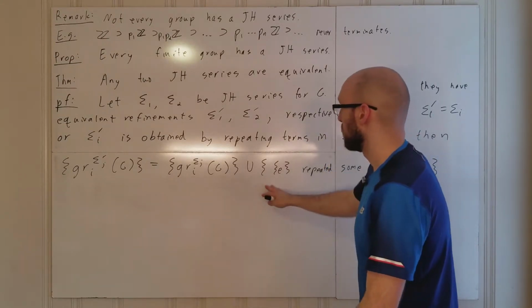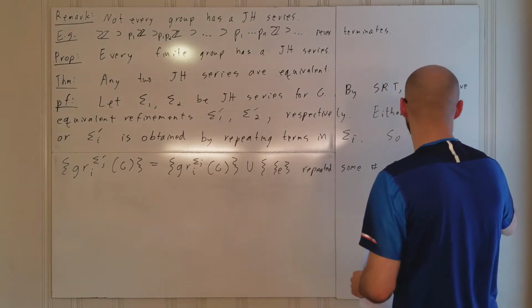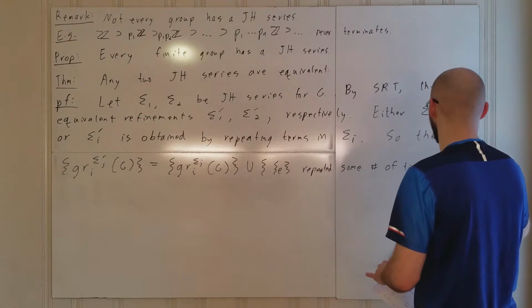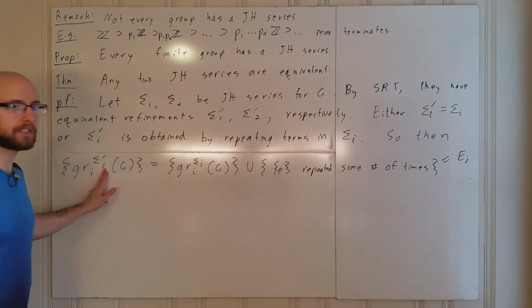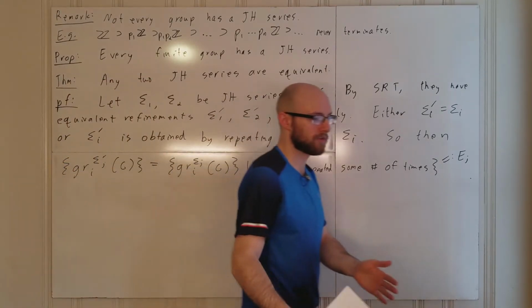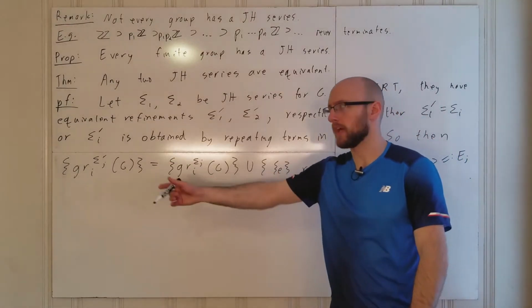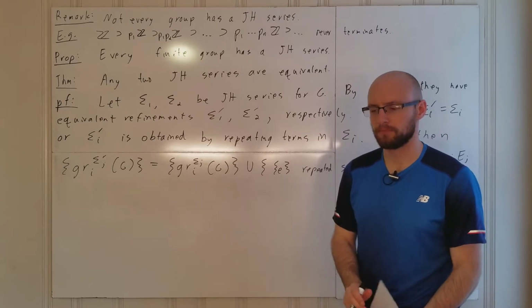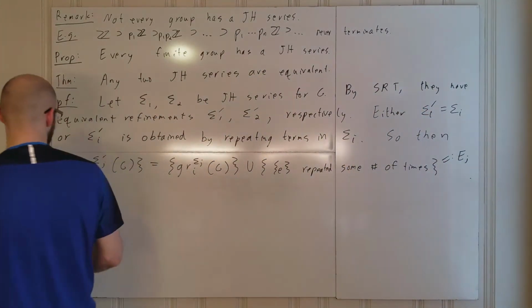And we're going to call this number e_j. So here, j is either 1 or 2, and i ranges from 0 to whatever the last G_i is in this particular composition series. So then, why is this true?